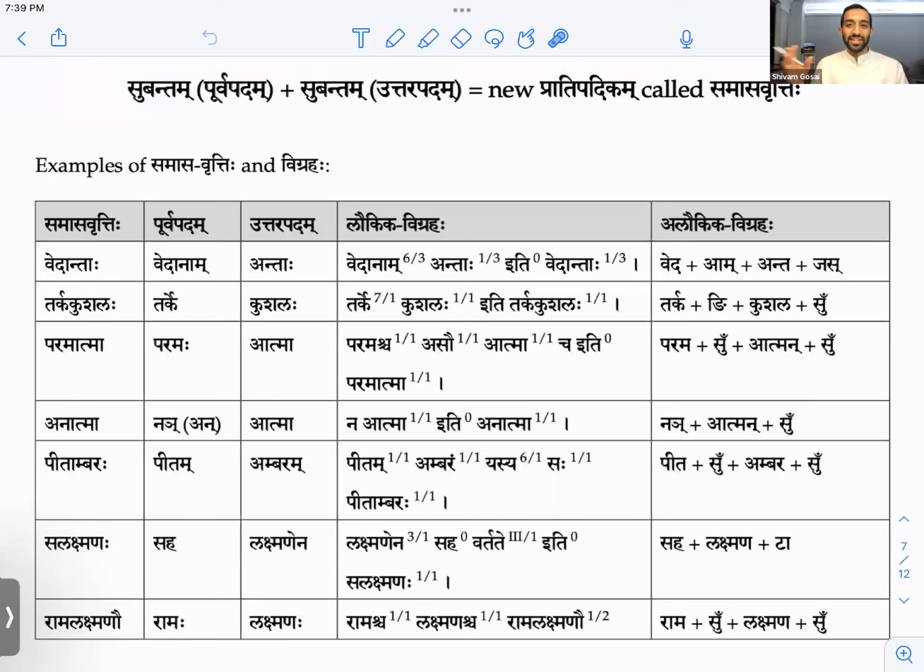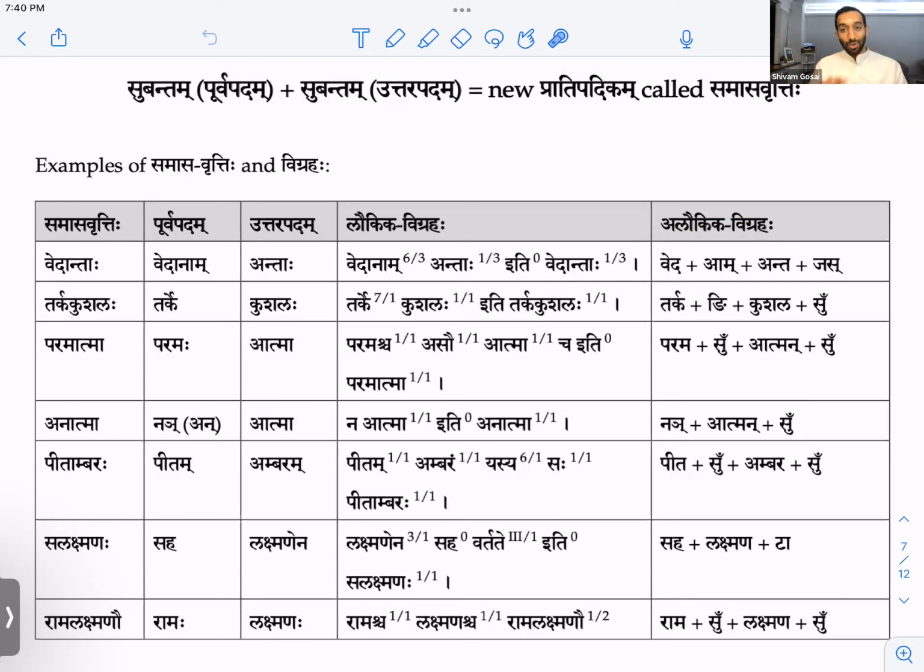We can make a distinction between a Samasa pada, meaning a word that has the supratyaya added to it, or we can just say the Samasa vritti or the Samasa pratipadika.